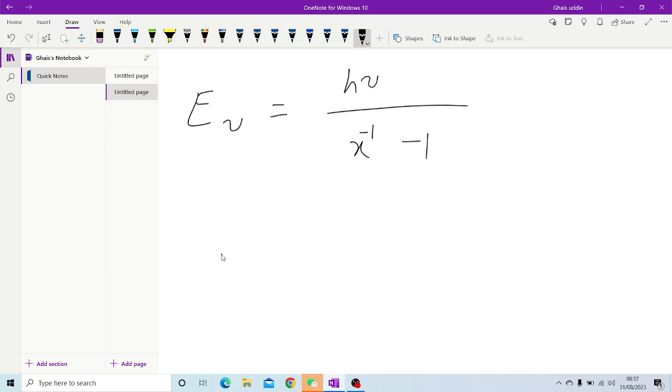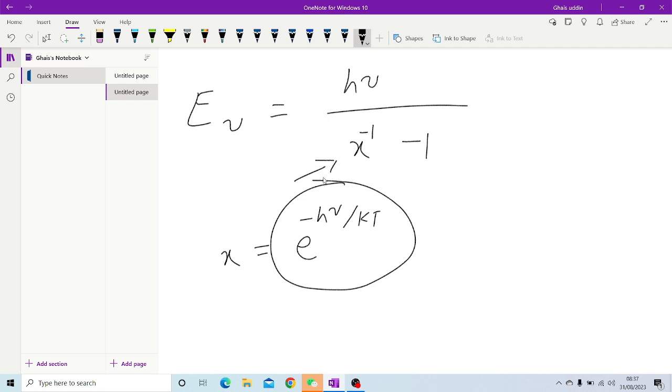We already let that x is equal to e to the power minus h nu divided by kT. So this is x. We will use the value for this here. So E nu is equal to h nu divided by, if I use this value for x, minus minus plus, so this will become e to the power h nu divided by kT, and this minus 1.